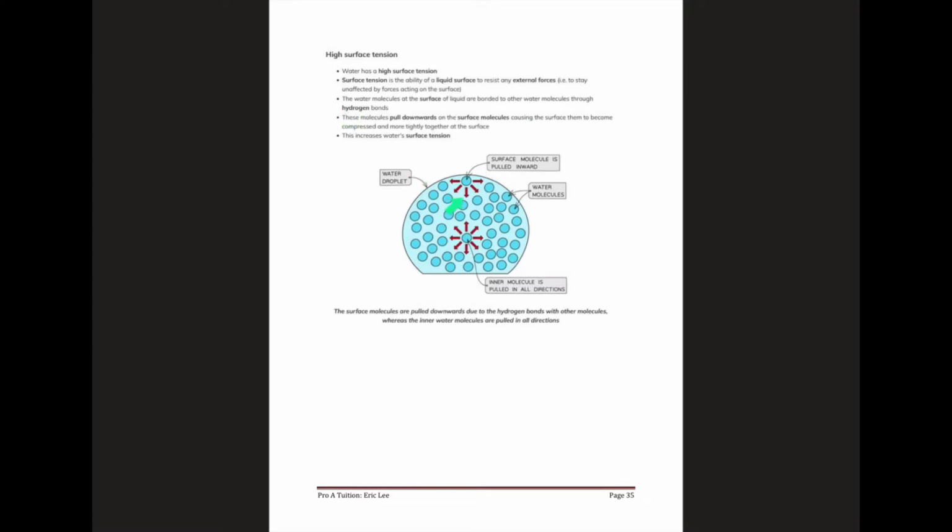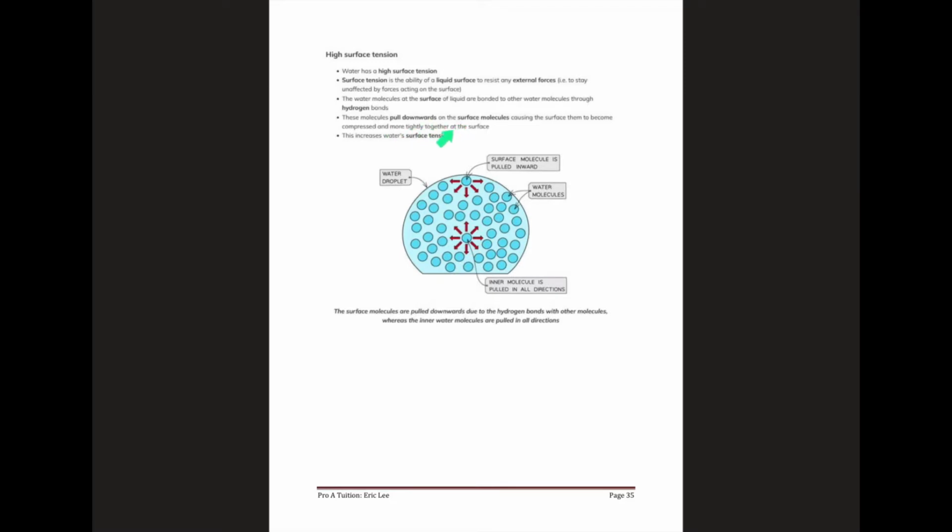Okay, so because of hydrogen bonds, you have a water surface, you have surface tension. These molecules pull downwards on the surface molecules, causing the surface to become compressed and more tightly together at the surface.